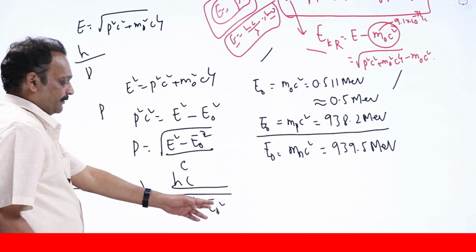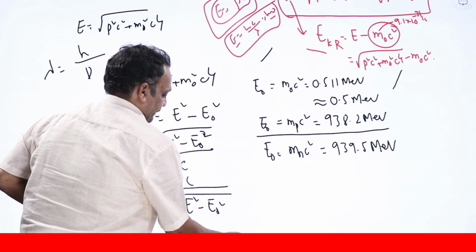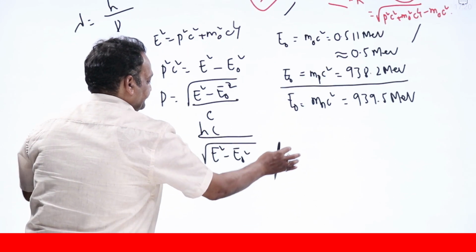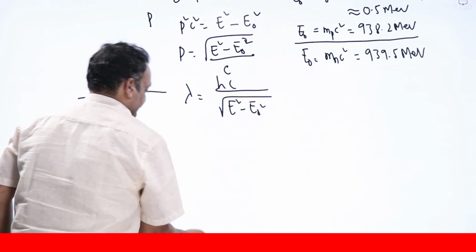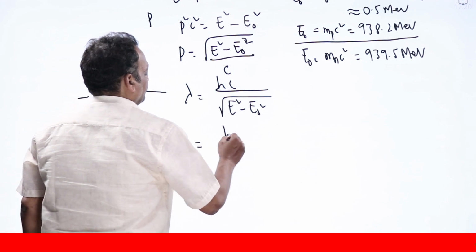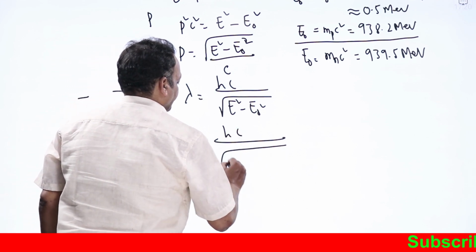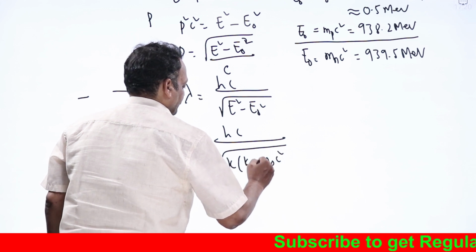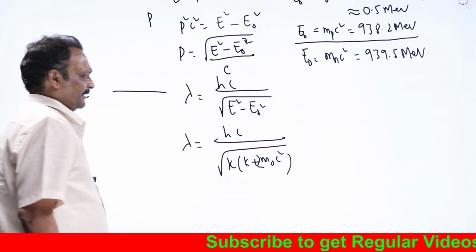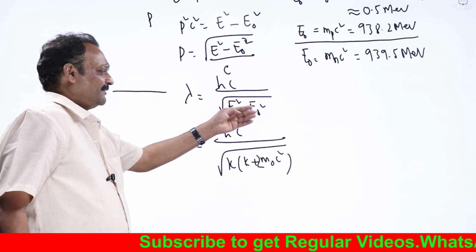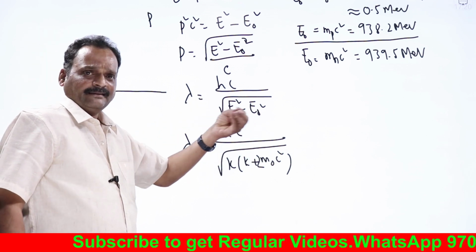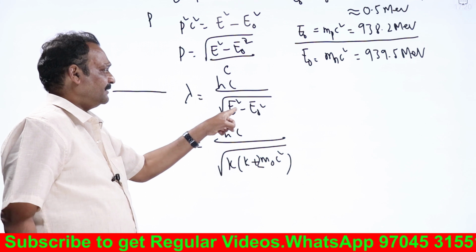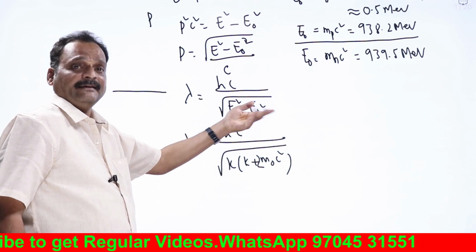You simplify this formula further, and in terms of relativistic kinetic energy, lambda equals hc by under root K into K plus 2 m naught c square. The in-between two or three steps you can fill in; take it as a small exercise. E is the total energy, E naught is the rest mass energy, and K is the kinetic energy.